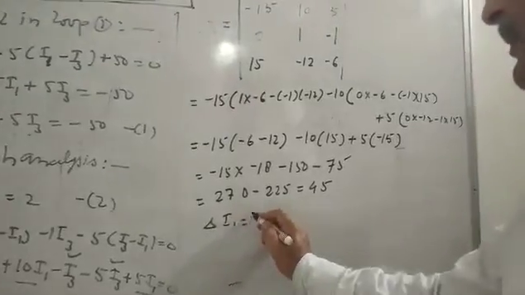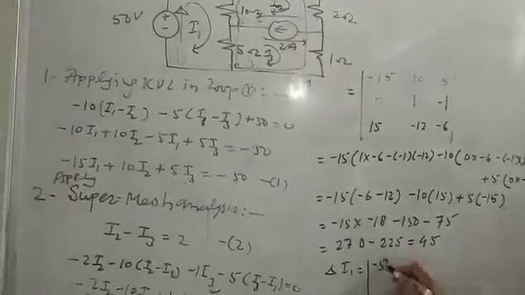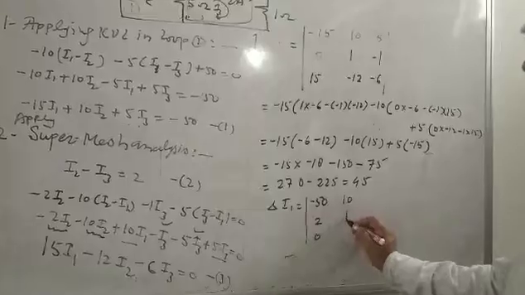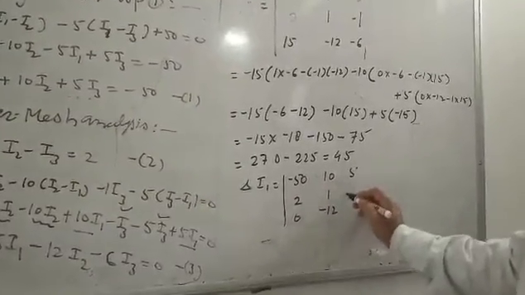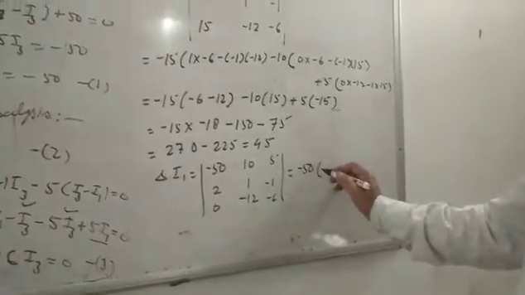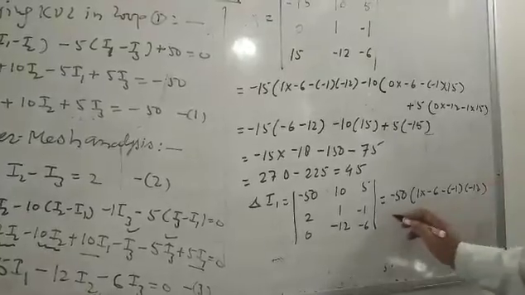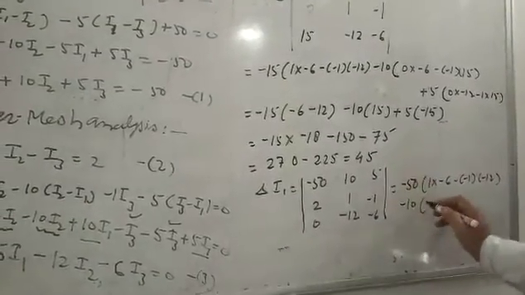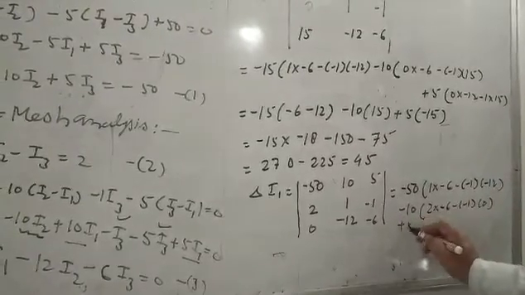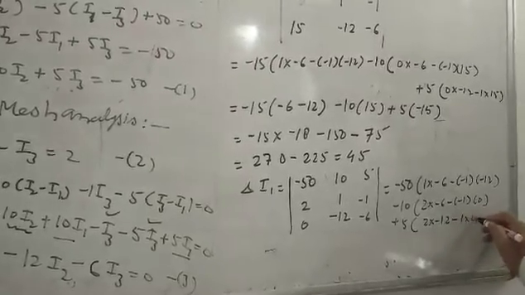Now delta I1, replacing the first column by the right hand side values. Right hand side values are minus 50, 2 and 0. Second and third column as it is, 10, 5, 1, minus 1, minus 12, minus 6, is equal to minus 50 into (1 into minus 6, minus 1 into minus 12), minus 10 into (2 into minus 6, minus 1 into 0), plus 5 into (2 into minus 12, 1 into 0).